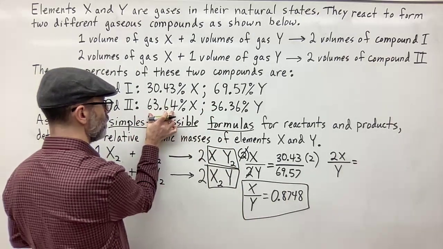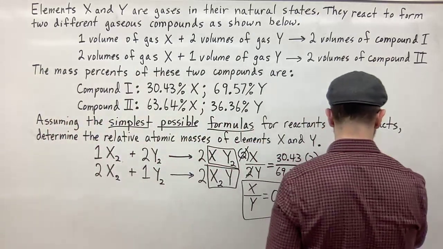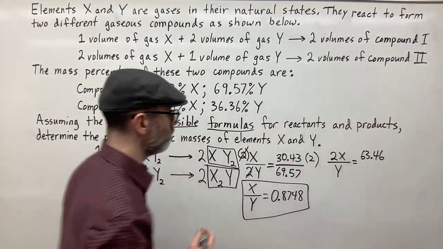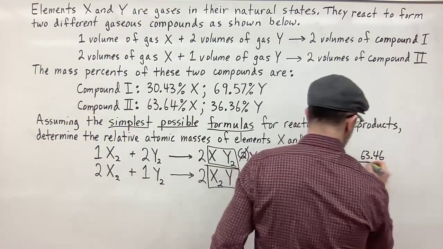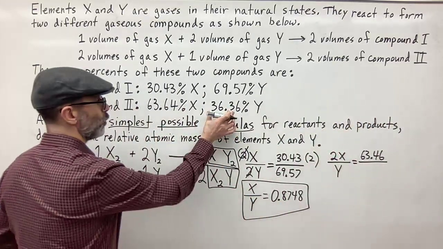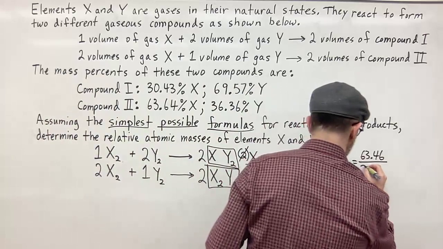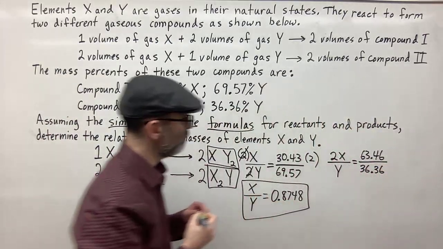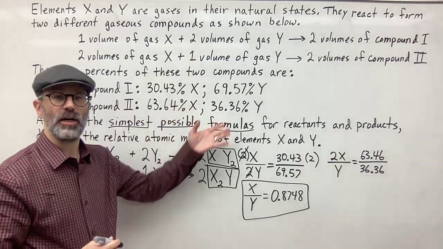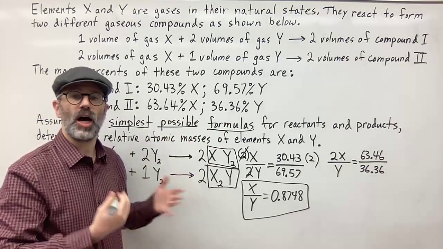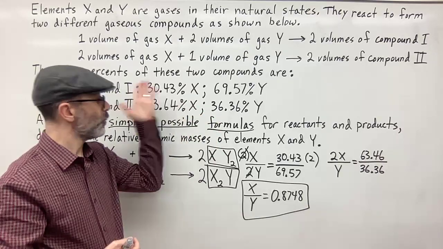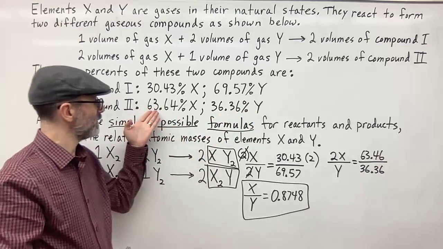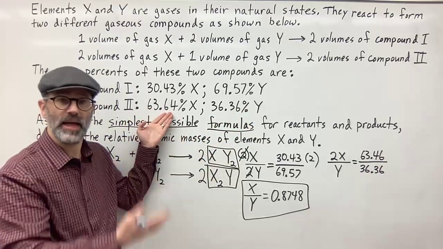So I have 63.46, and I have 36.36 for the y. And again, the mass percent here is if I was assuming 100 grams of my compound: 36.36 grams of that compound would be y, and 63.64 grams would be x.